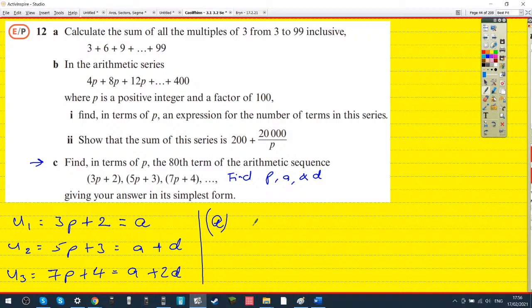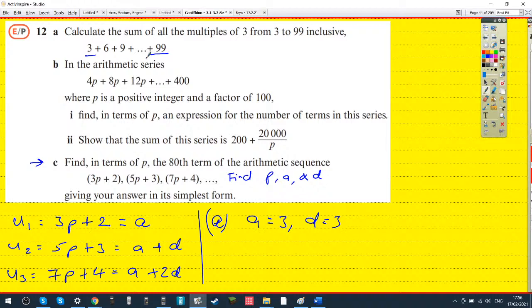A is 3 and D is 3. And we need N. Let's see. If it's going up in 3s each time, starts from 3, reaches 99.